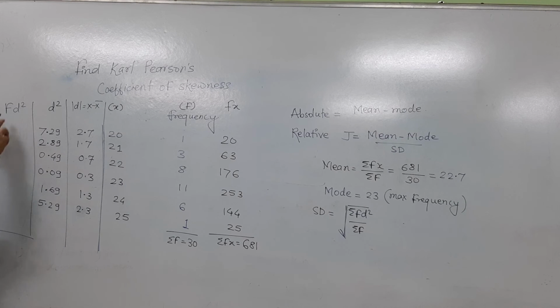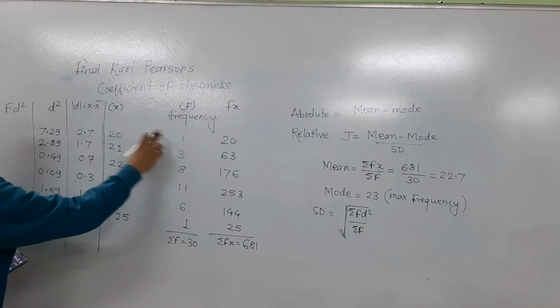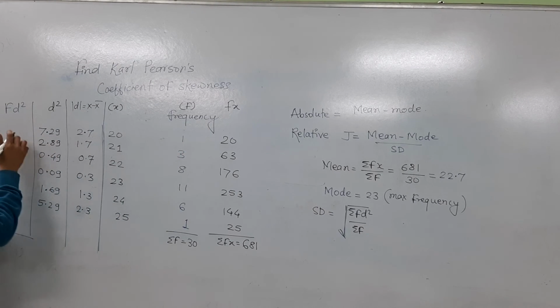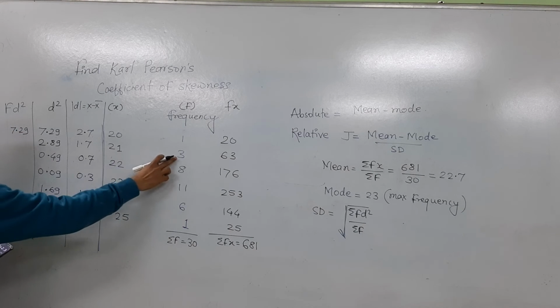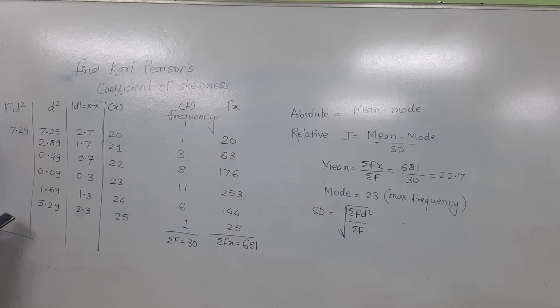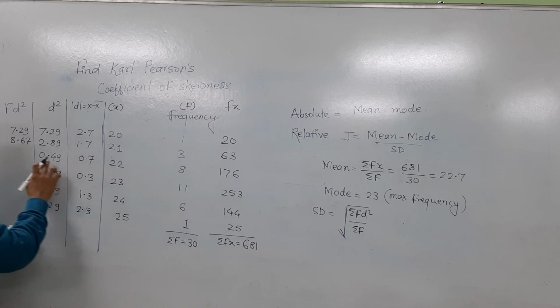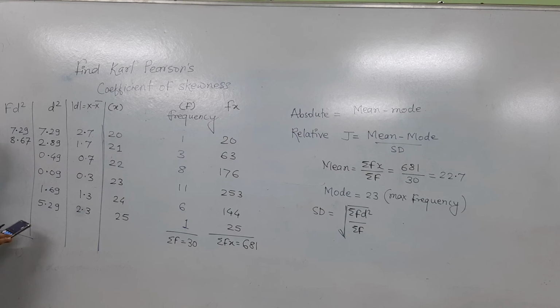Now what we need? F d square, that is frequency into d square. So 1 into that term will be the same, 7.29. 3 into 2.89 is 8.67. Now 8 into 0.49 is 3.92.